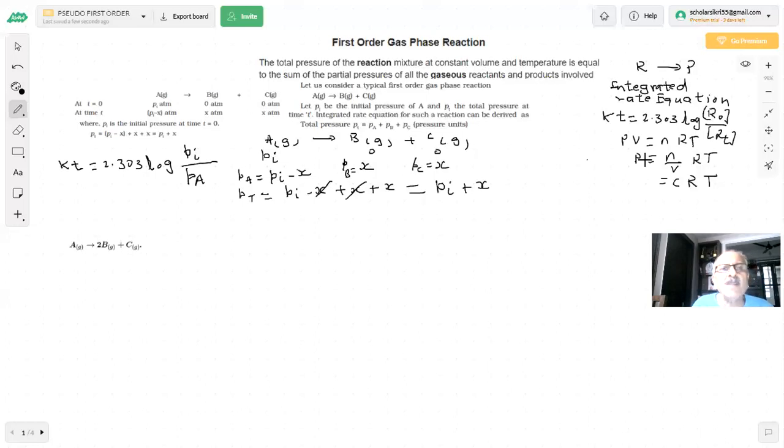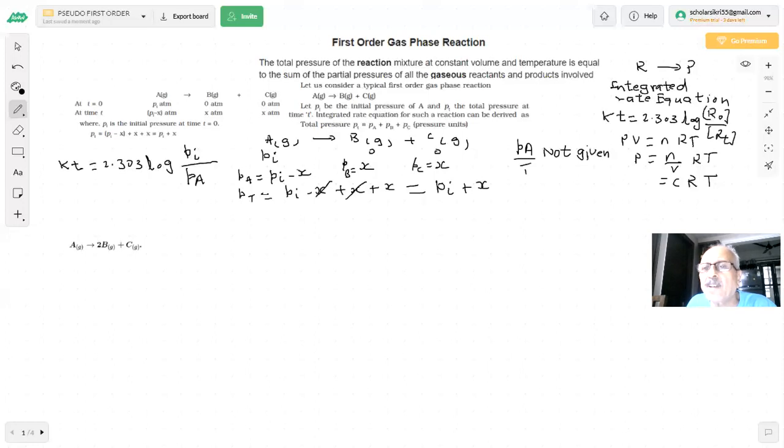Pi, my initial pressure, is known to me. But remember that in the question which will be given to you in the exam, the PA value will not be given.